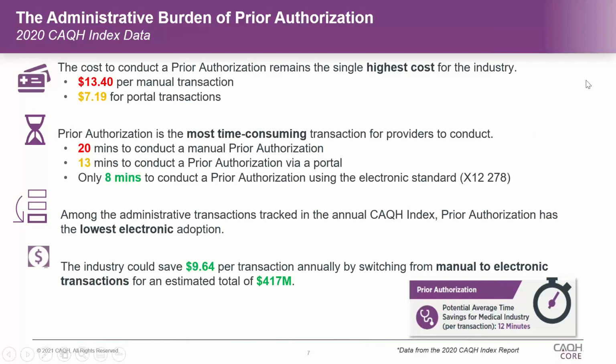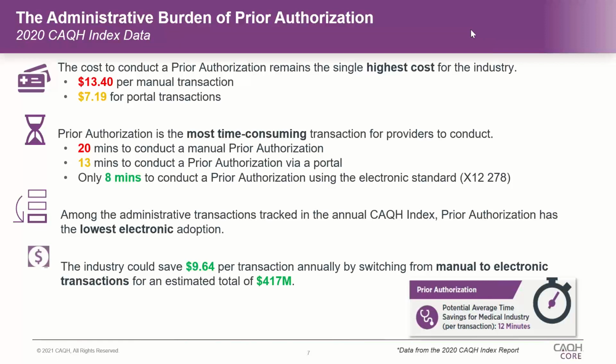And Bob, that was a great transition to this slide that presents data from the 2020 CAQH index, which highlights opportunity areas related to prior authorization. So for those of you not aware of the CAQH index, it is an annual survey of medical and dental plans and providers that tracks the adoption of electronic administrative transactions, as well as the cost and time savings opportunities associated with moving from manual and portal transactions to fully electronic transactions.